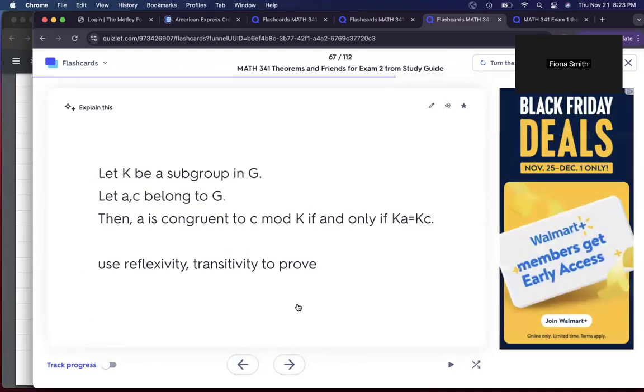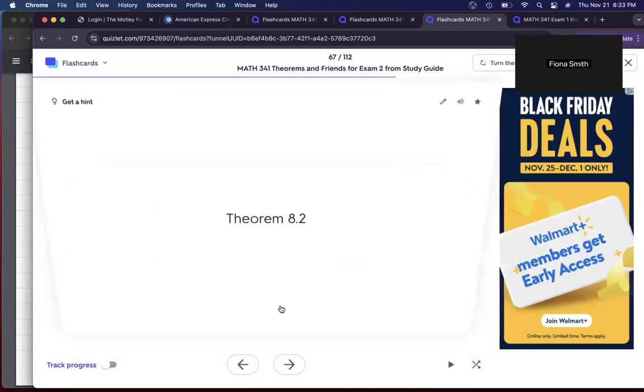Theorem 8.2 is a is congruent to c mod K if and only if Ka equals Kc.